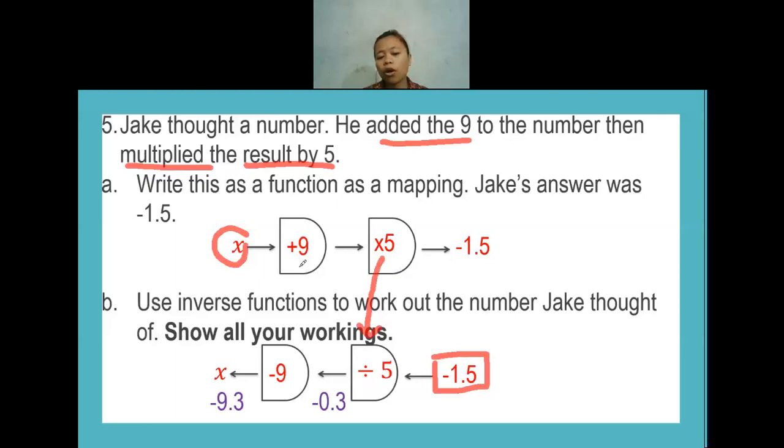The opposite of plus 9 will be subtract 9. So the number will be negative 1.5 divided by 5, which equals negative 0.3. And then negative 0.3 minus 9 equals negative 9.3. So the number that Jake thought of is negative 9.3.